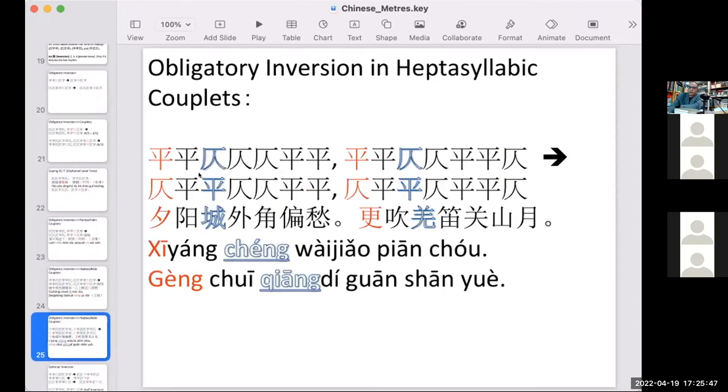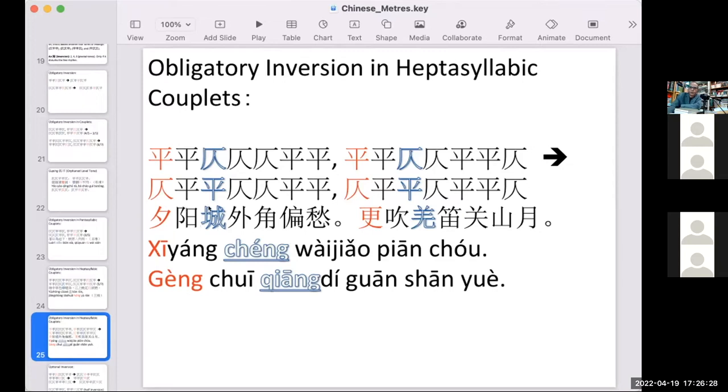Another example here, the first ping changed into zi, and so the third zi changed into ping. As you can see, the ping and zi here had to be changed. So when he changed the ping into zi, he had to change the other ping into zi also. And the third zi also had to be changed into ping, to keep this antithesis and the parallel I have just explained.